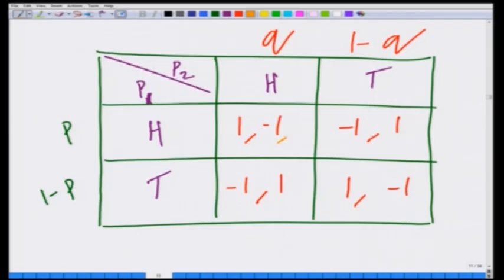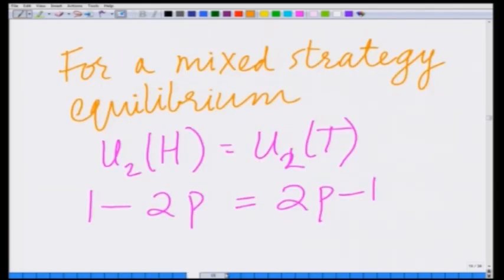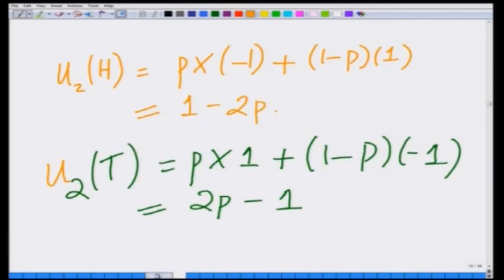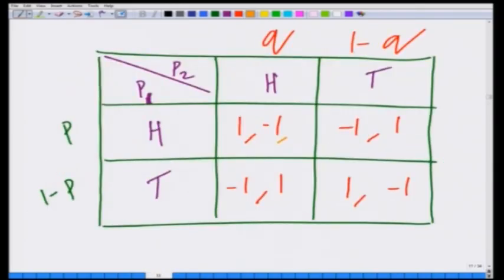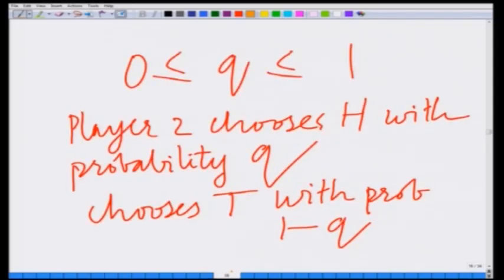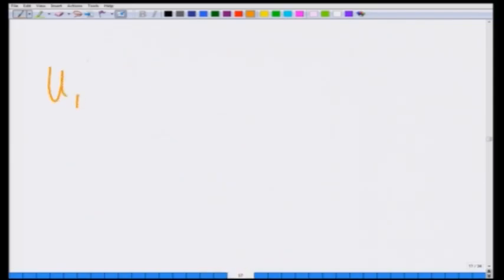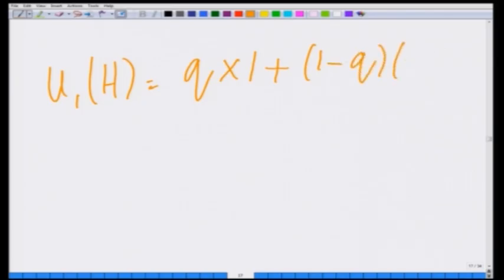Therefore, his average payoff to always choosing heads is q times 1 plus 1 minus q times minus 1, which is equal to 2q minus 1.